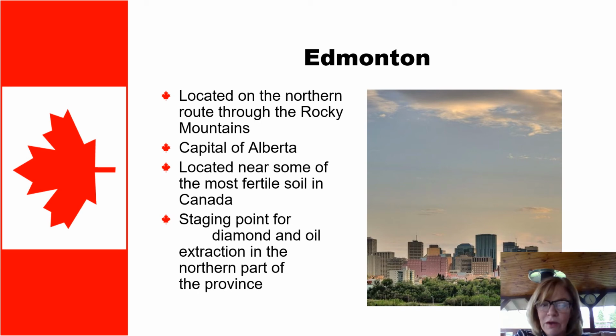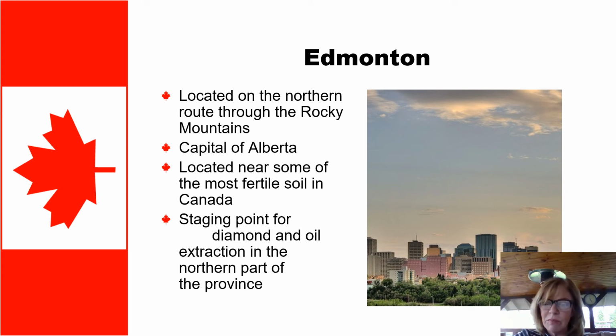Okay, and then this is Edmonton. It's on the Rocky Mountain route moving up there, and it's the capital of Alberta. Even though it's up there in the north, it has very fertile soil, but it has a short growing season, so that's problematic.